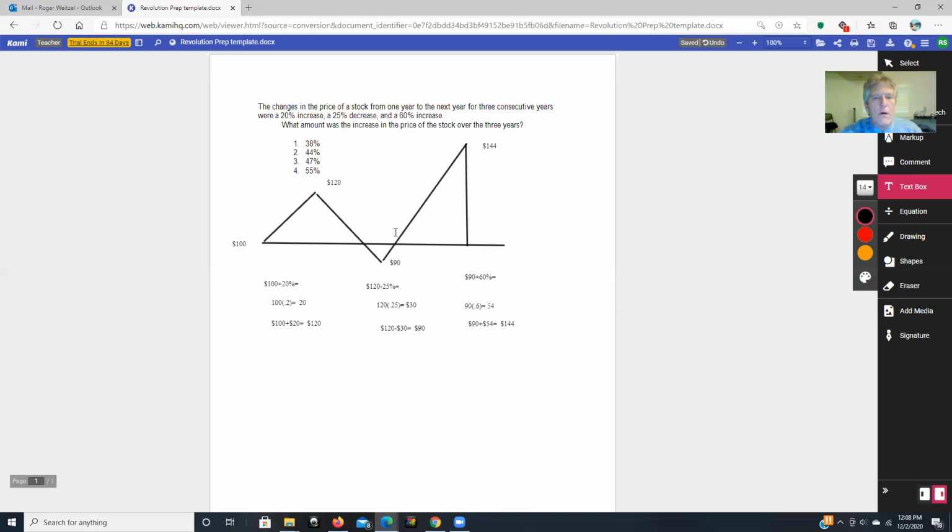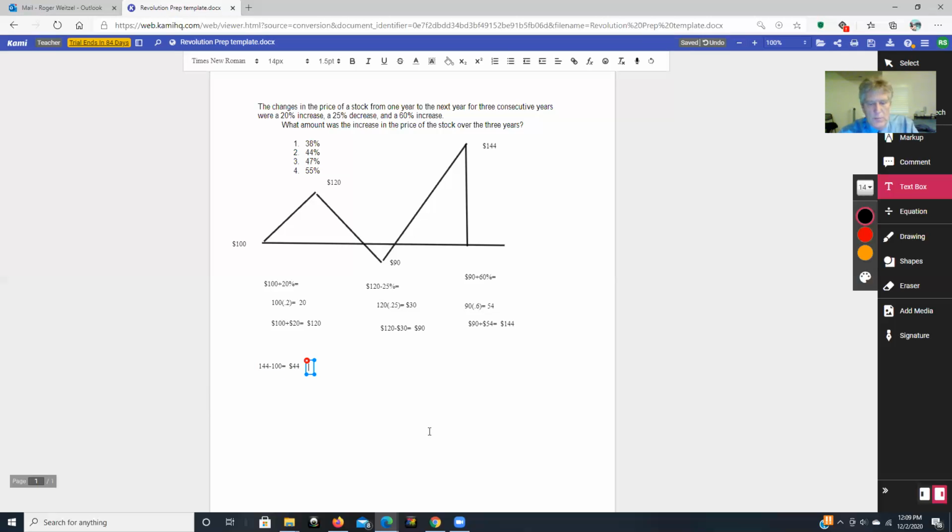All right, if we look at our overall problem here, we started at 100, we ended up at 144, so we want to know what amount of gain we had over the 3-year period. So that's just going to be 144 minus 100, which means that our total gain was 44.